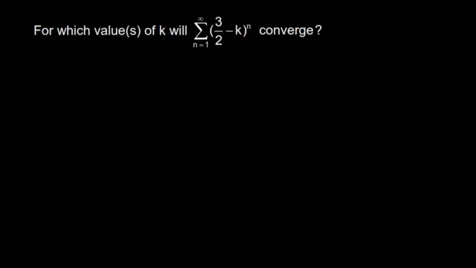Now, for which values of k will the summation to infinity from the first term of (3/2 minus k) to the power n converge? Well, for convergence, we know the ratio needs to be greater than -1, less than 1.